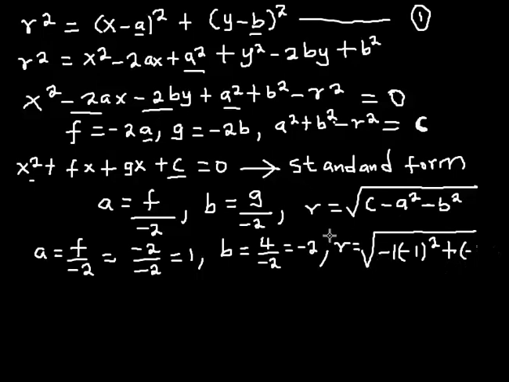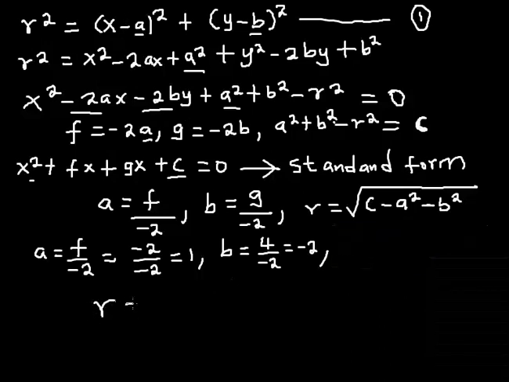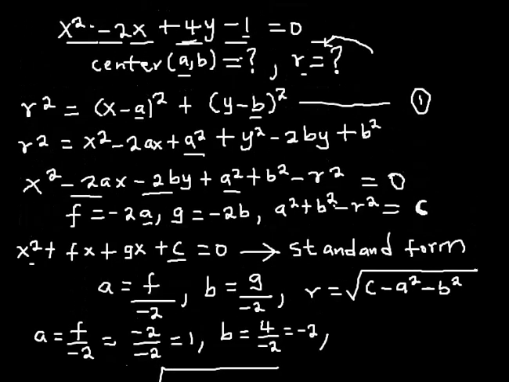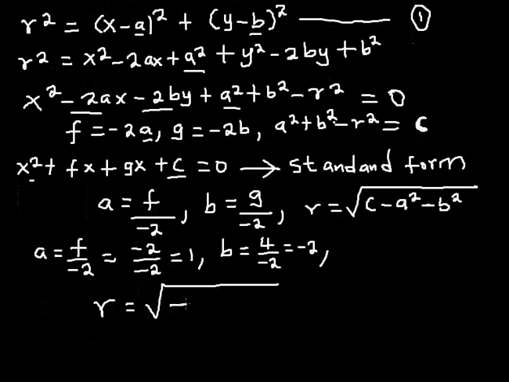Please pardon me. r squared is going to be equal to c, which from what I have is minus 1, then plus minus a squared. That's minus, what's my a? My a is 1. Please pardon my previous mistake. Then of course plus minus b squared. What is my b? My b is minus 2.